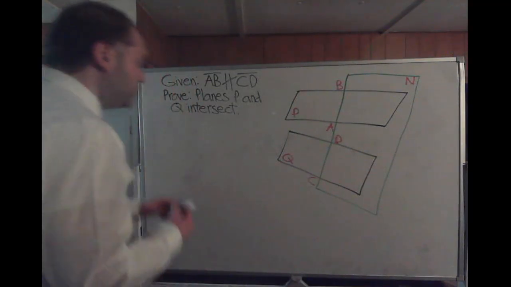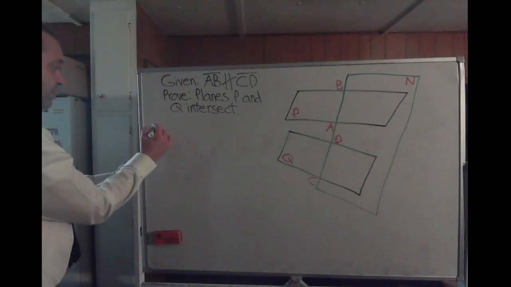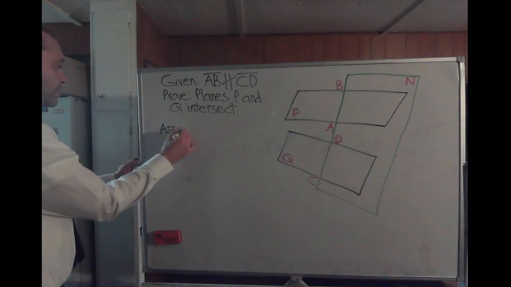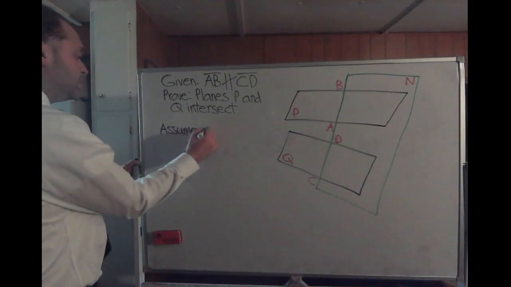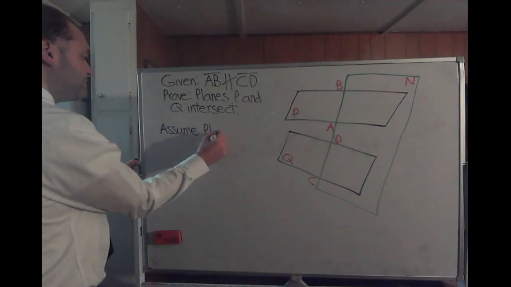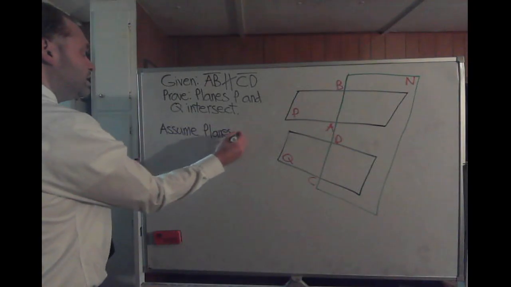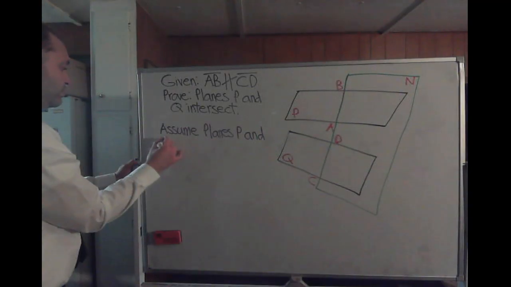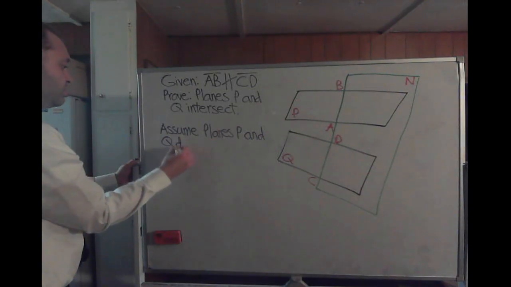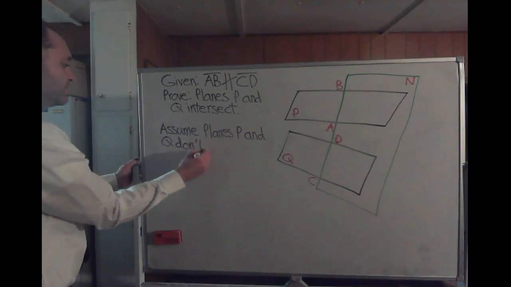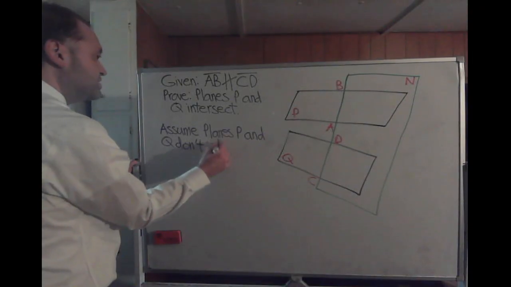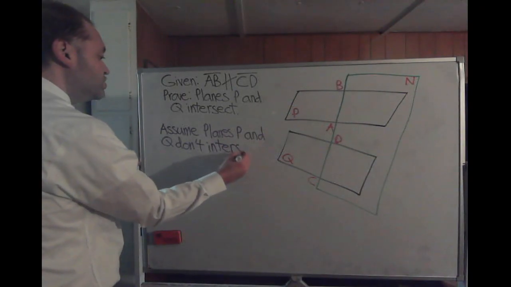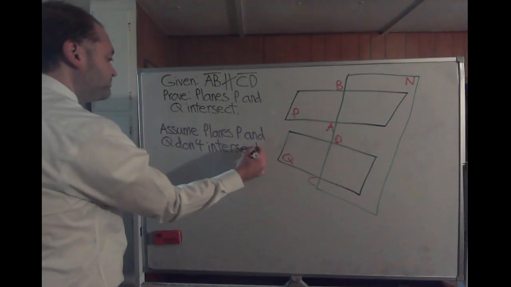All right, so we start out by assuming planes P and Q don't intersect. So we're going to start out by assuming that planes P and Q don't intersect, right?